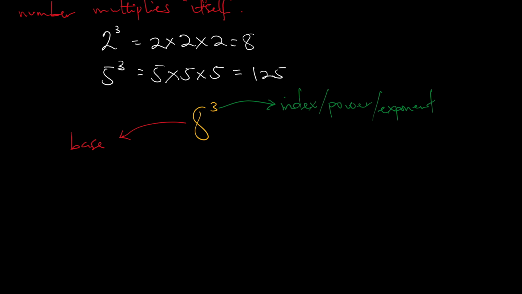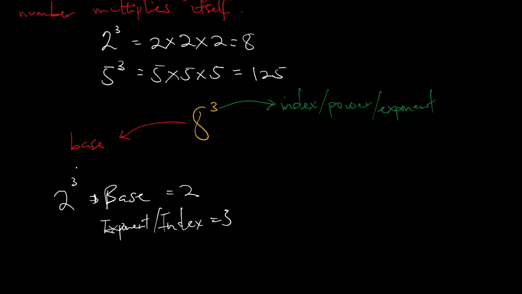So if we have 2 raised to the power 3, our base is 2 and our exponent or index is 3. This is telling us that 2 is multiplying itself 3 times. So the exponent tells us the number of times the base is multiplying itself.